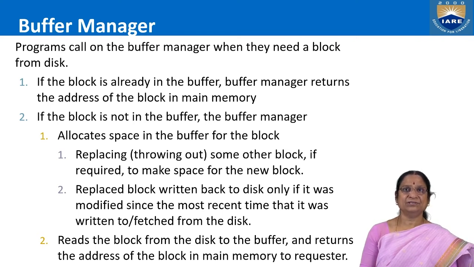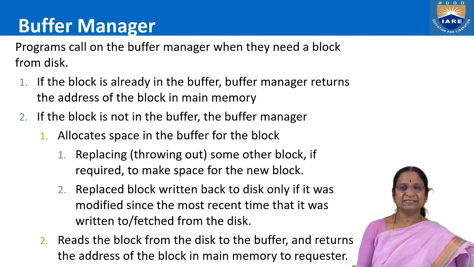If it is, the buffer manager returns the address of the block in main memory. If it is not there, what happens? If the block is not in the buffer, then the buffer manager takes care of transferring it from the secondary storage device to primary memory.